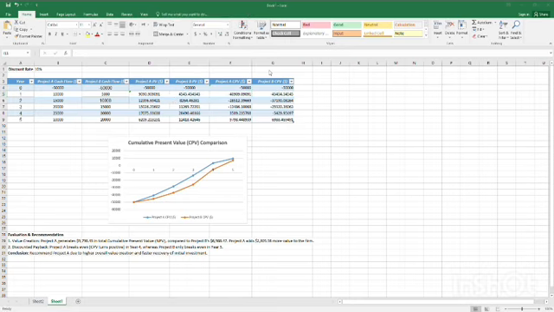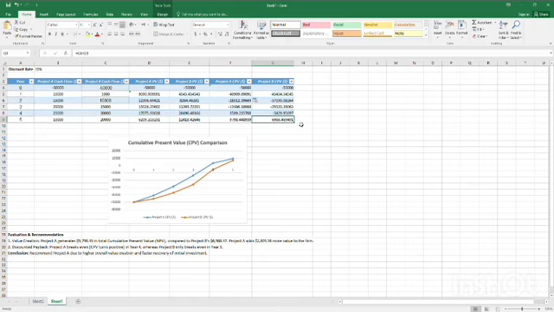We did the same for Project B in column G. Project B's year 5 final cumulative present value reaches plus $6,988. As you can see, we have used the same formula and dragged it down to year 5, which makes it $6,988.47.